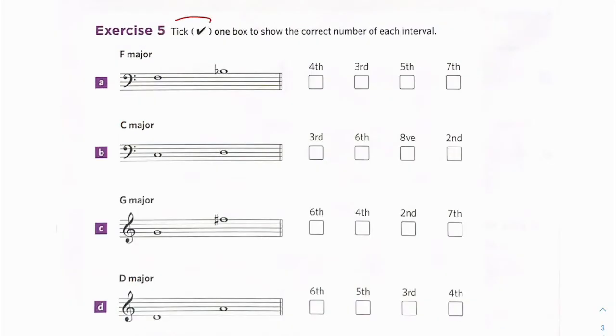Exercise 5. Tick one box to show the correct number of each interval. Question A. We are in the key of F major. We're in bass clef.